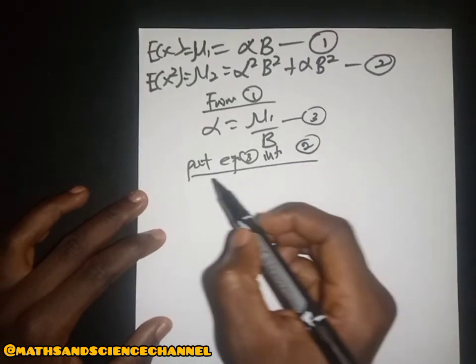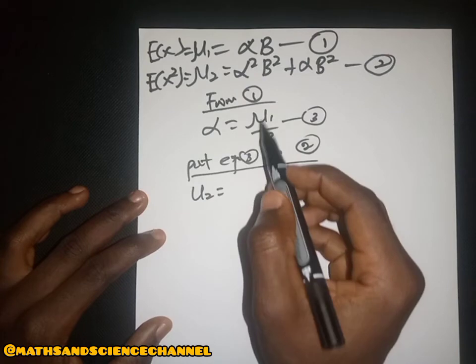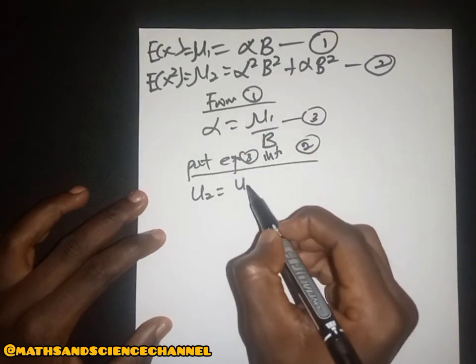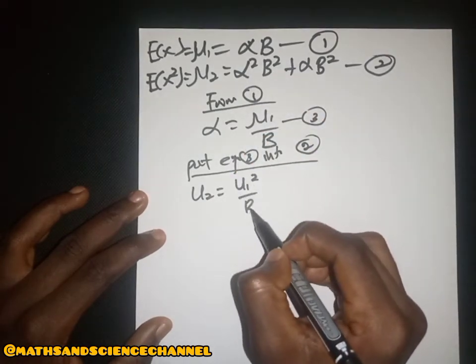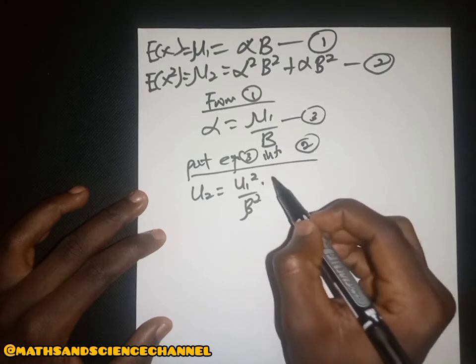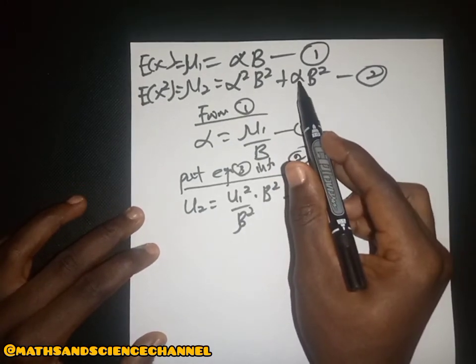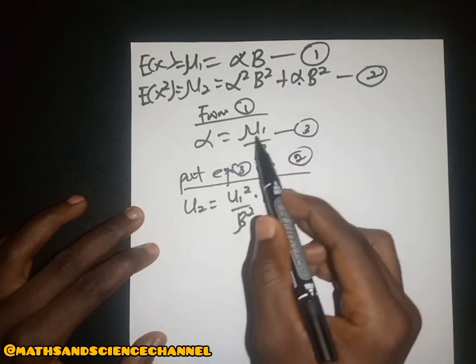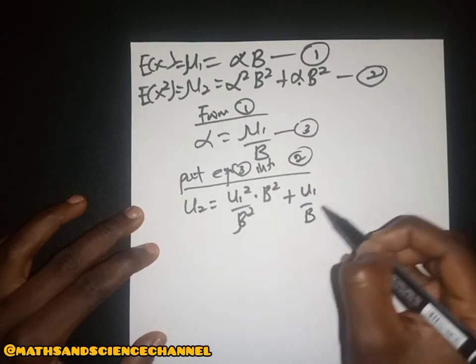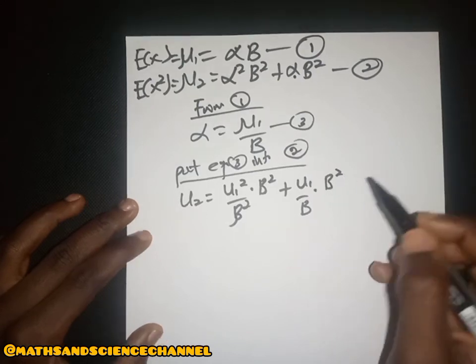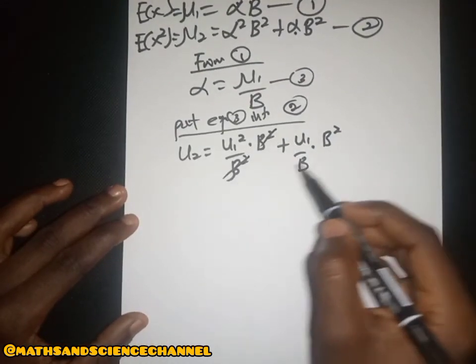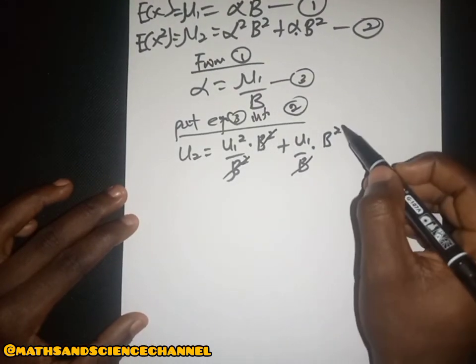So u2 here will be equal to alpha squared, and alpha squared will be u1 squared over beta squared, multiplied by beta squared, then plus alpha. Remember alpha here is just u1 over beta, then multiplied by beta squared here. So this will get rid of that, and then this goes away.